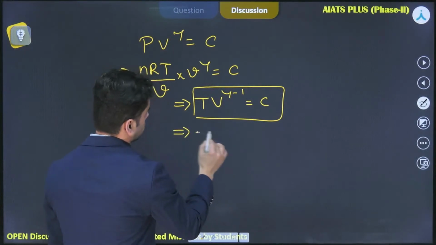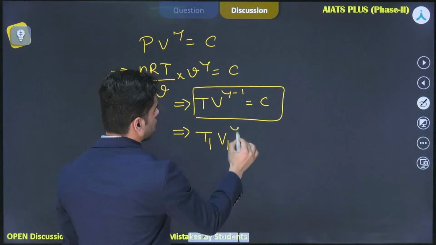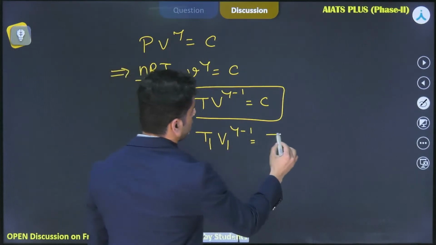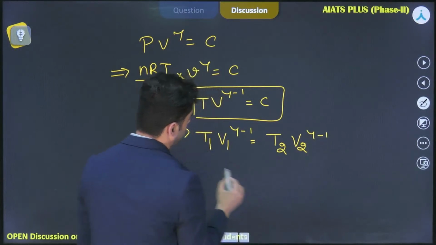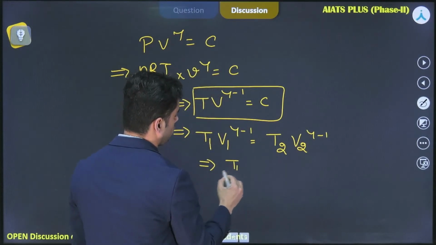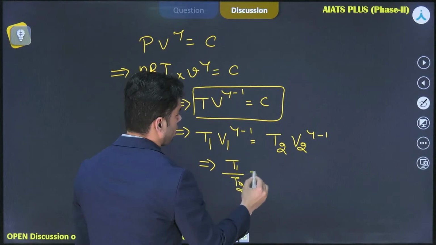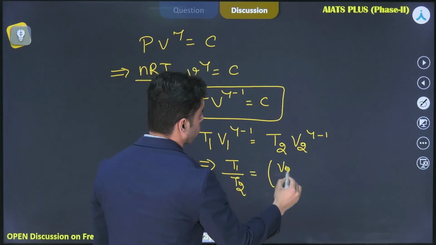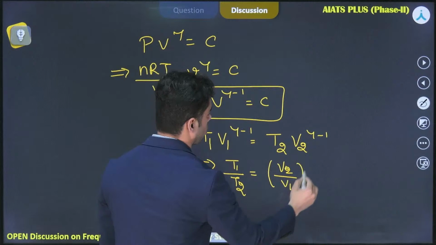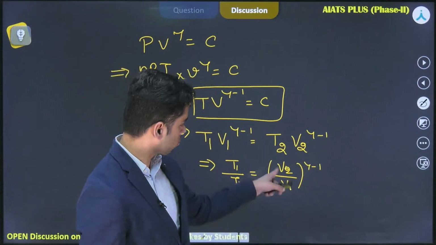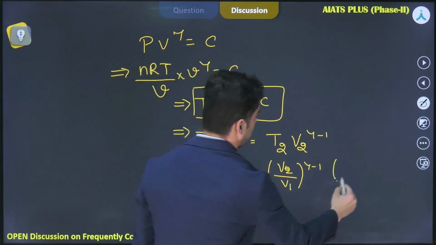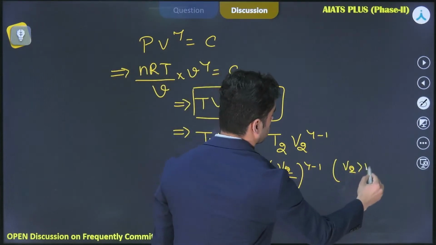Let's solve this. T1 V1 raised to the power gamma minus 1 is equal to T2 V2 raised to the power gamma minus 1. So from here I can write that T1 by T2 is equal to V2 by V1 raised to the power gamma minus 1. Now since the gas is expanding, V2 is greater than V1.